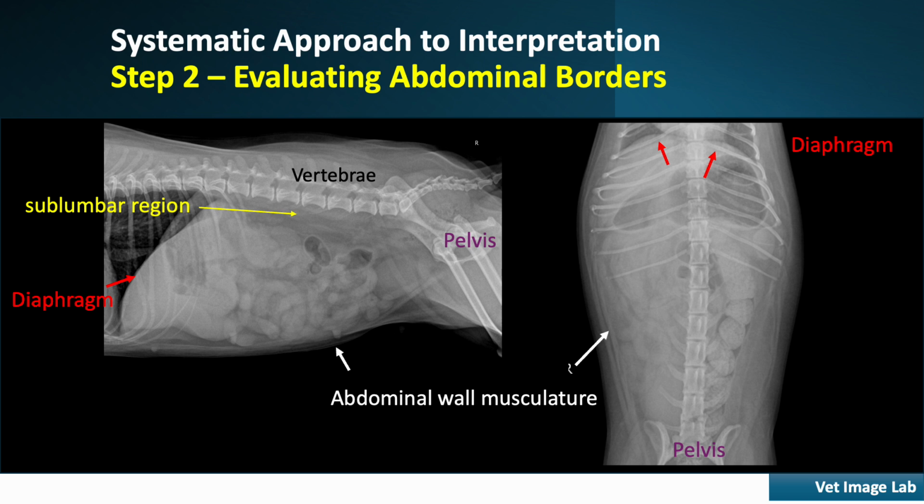Finally, the pelvic area is important, especially in cases of rectal or perineal hernias. These can lead to displacement of abdominal contents into the perineal region, which we'll discuss in more detail later. So remember, before moving on to evaluating internal organs, always check the abdominal borders first. This will help you detect major structural abnormalities early on.